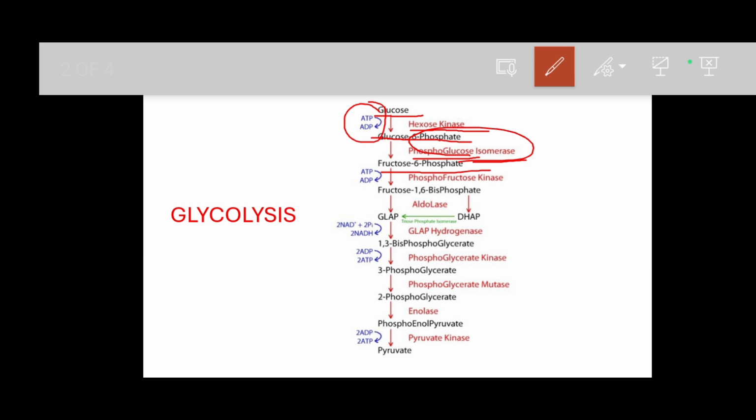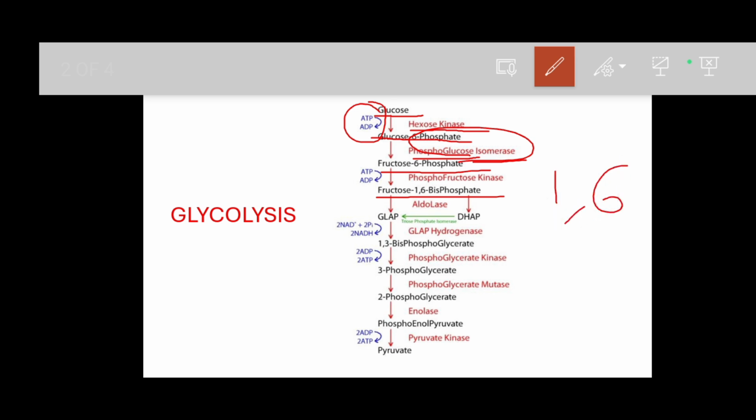The next step involves a conversion from fructose 6-phosphate to fructose 1,6-bisphosphate. What is the difference between them? In fructose 6-phosphate, the phosphate group is only at the 6th position, while in fructose 1,6-bisphosphate, phosphate groups can be seen at the 1st and 6th positions, right?